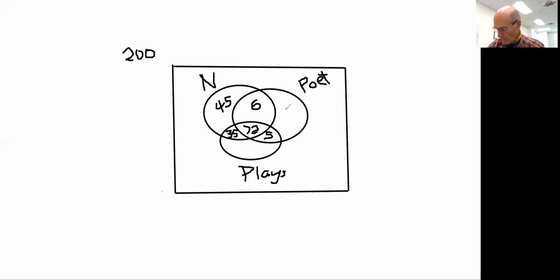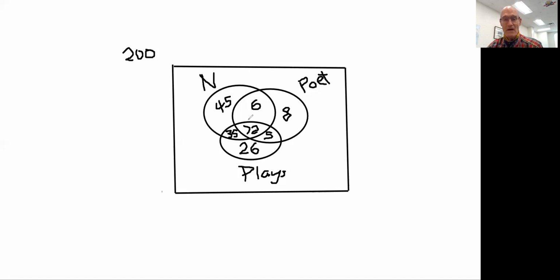And then over here in the poetry circle, we'll put 8 people. So that means there are 8 people that like poetry only. No novels, no plays. And then down here in the play section, we'll come in here and put 26.